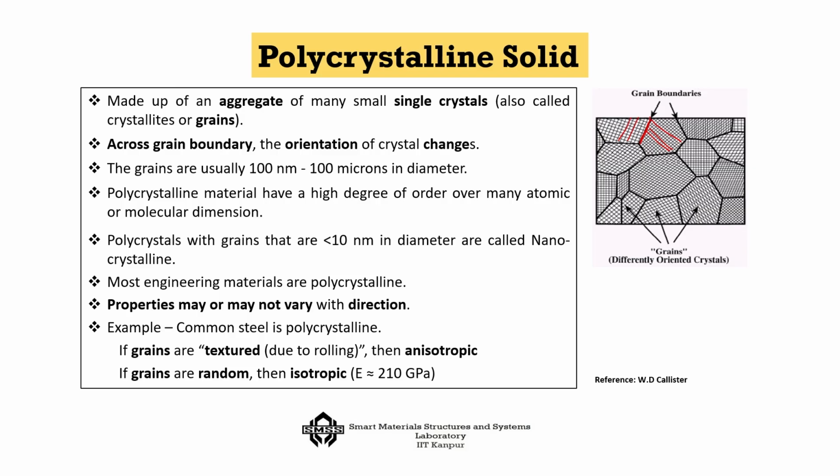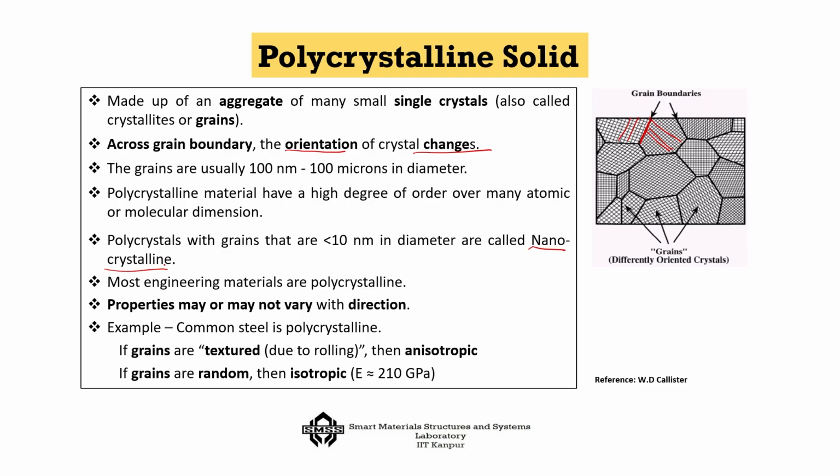And so across the grain boundary the orientation of the crystal is changing, and the grains are between say 100 nanometer to 100 microns. So, there is a large variability possible. Now, polycrystalline materials have a higher degree of order over many atomic or molecular dimensions, and with grains less than 10 nanometer, if we can develop that polycrystal, which is very challenging, it is called a nanocrystalline material.